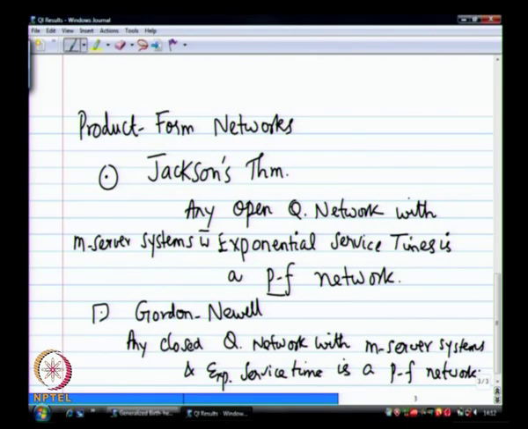So this is the second result. If you are keen, you can go back and check out some of those older papers as to how they showed that. But in both these cases the restriction is that the service time is exponential.